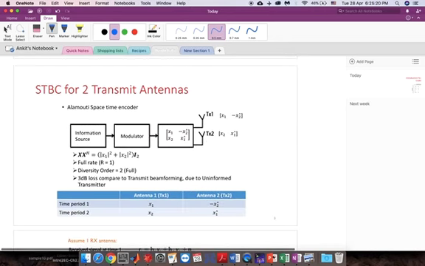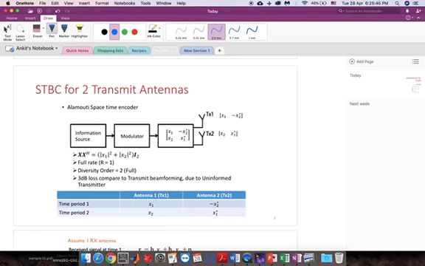This diagram shows the transmission of the Alamouti space-time block code, which is a special case that provides the full rate and full diversity. However, it incurs a loss of 3 dB in comparison to transmit beamforming, due to the unavailability of the channel state information at the transmitter.